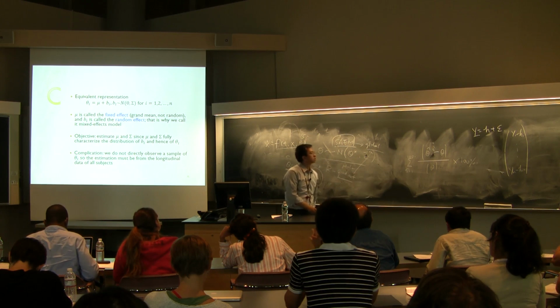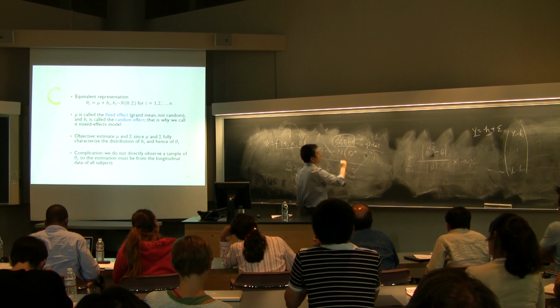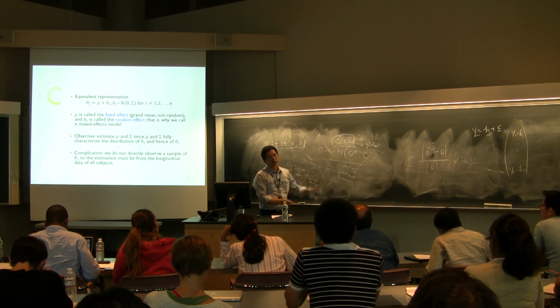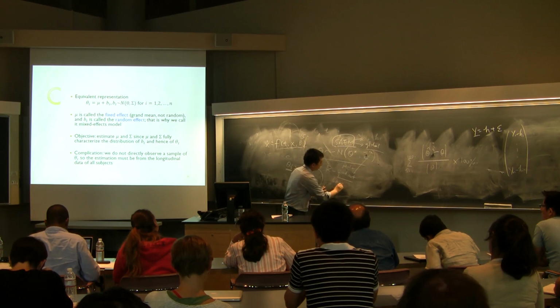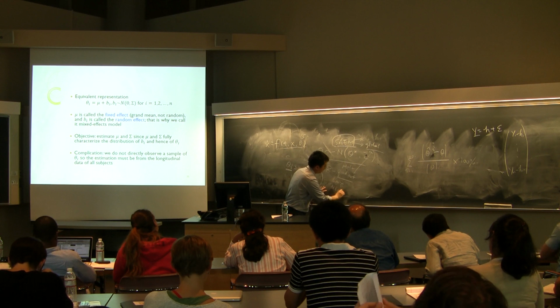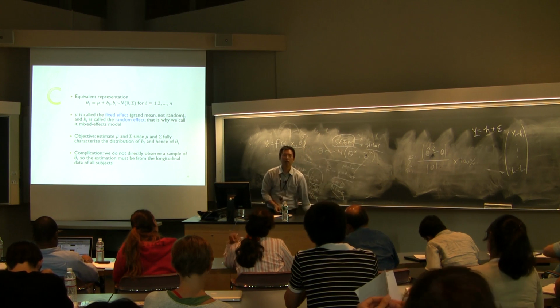So this is something you can try. There's a package in R. If you cannot get convergence using the LME or NLME package in R, this is something you can try.